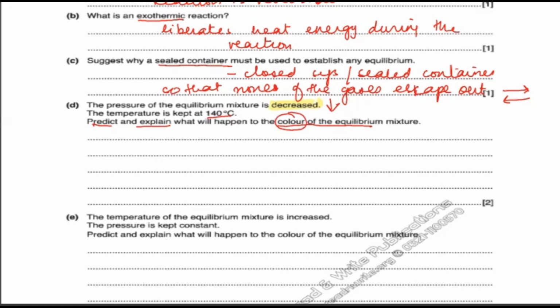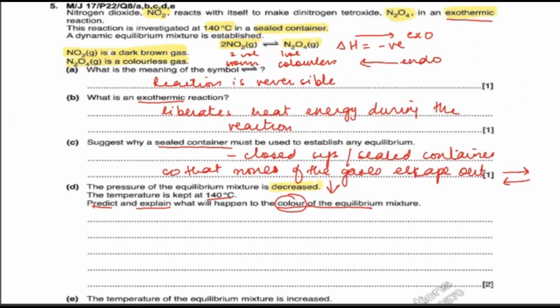Let's go back and see. They're decreasing the pressure. The decrease in pressure always favors the side with the increased volume. So the prediction is that the reaction will go in the backward direction, because a decrease in pressure favors the side with more volume, which is 2 volumes. And what is the color on the backward side?